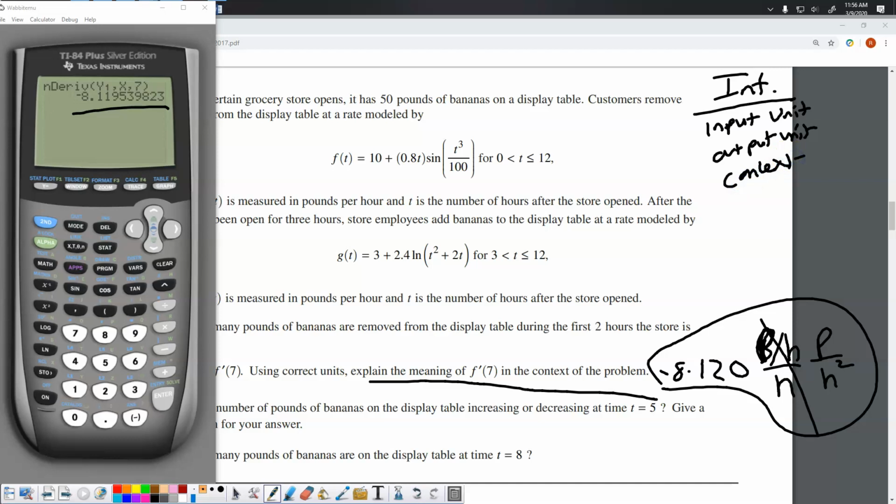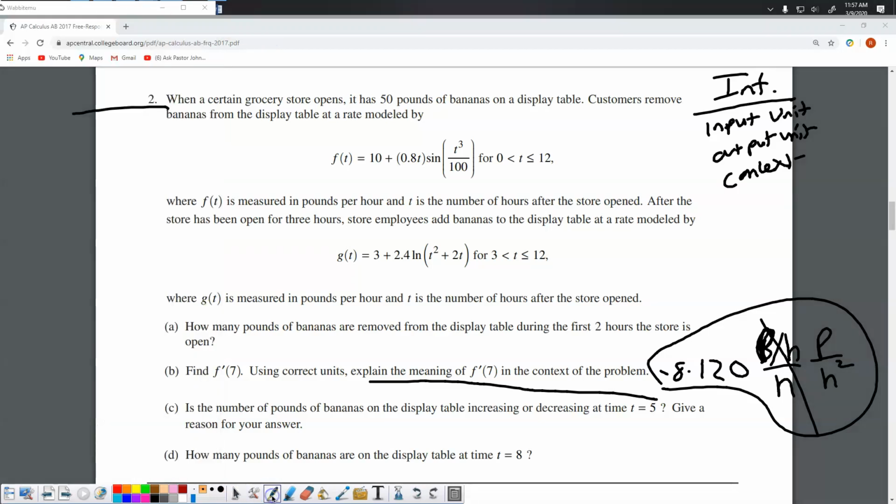So, here's what this means. The f here represents the rate at which bananas are being removed from the display shelf, right? So this thing here represents how quickly that rate is changing. So that rate is decreasing at a rate of 8.120 pounds per hour squared.